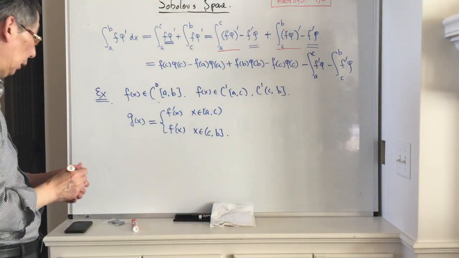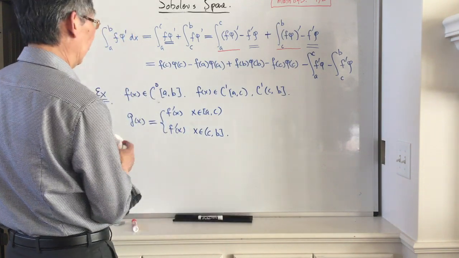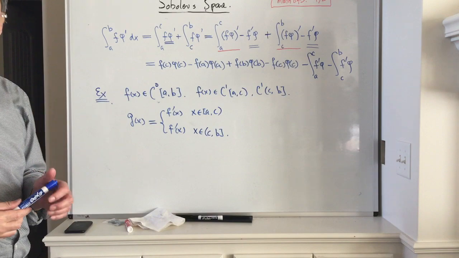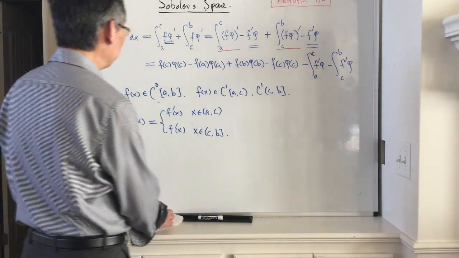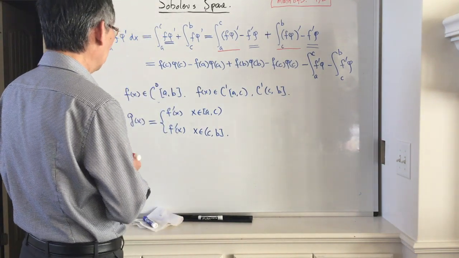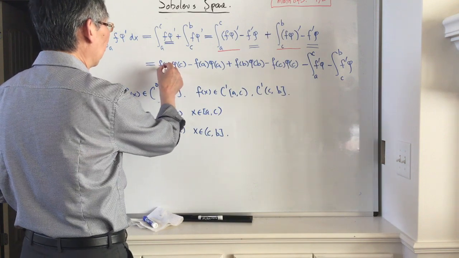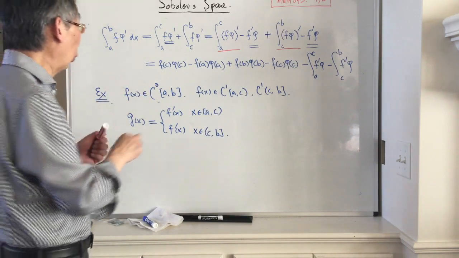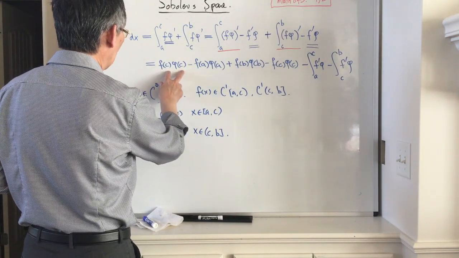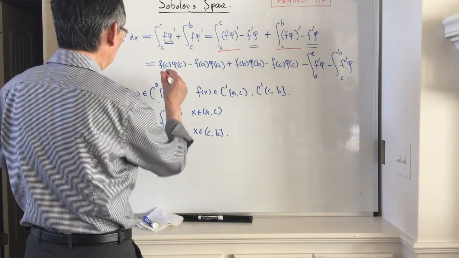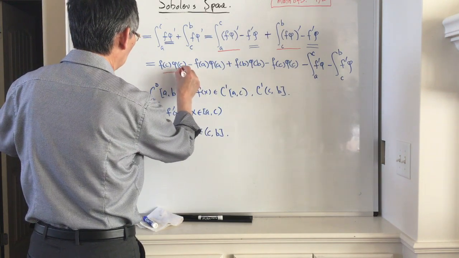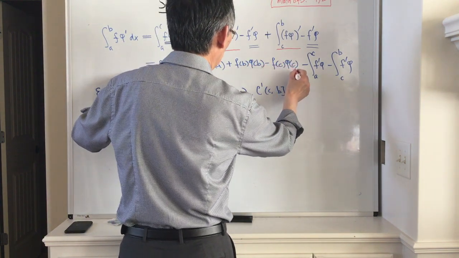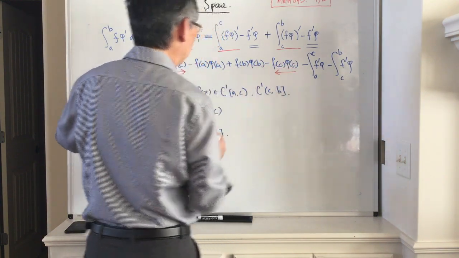Now, I'm going to look at these four terms, and we're going to show that these four terms all equal 0, all cancel. Why? Because you remember F is piecewise defined. So when we evaluate this at the point C, we evaluate it from the right side, and when we evaluate this one, we evaluate it from the left side.